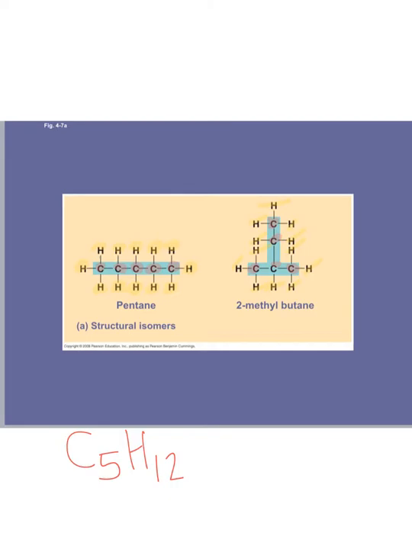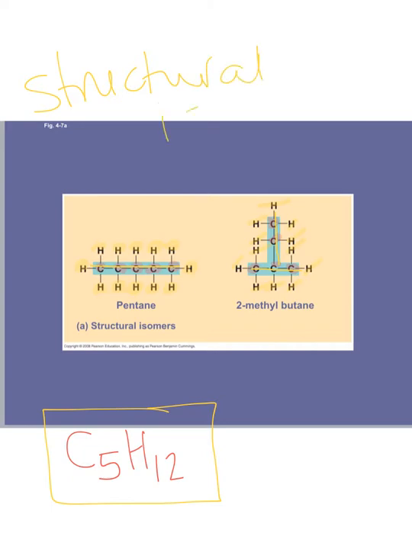In pentane, we have a straight chain carbon backbone, whereas in 2-methylbutane, we have a branched chain carbon backbone. Both of them have the same molecular formula of C5H12, but the arrangement of these atoms is different. These are what we call structural isomers.